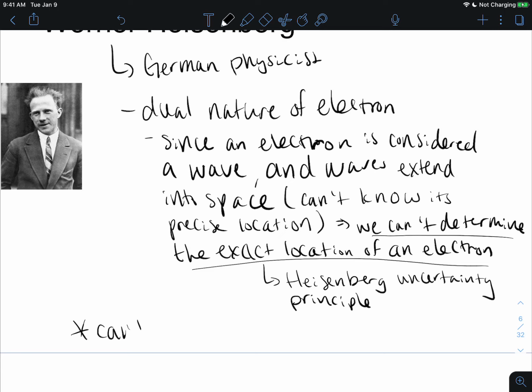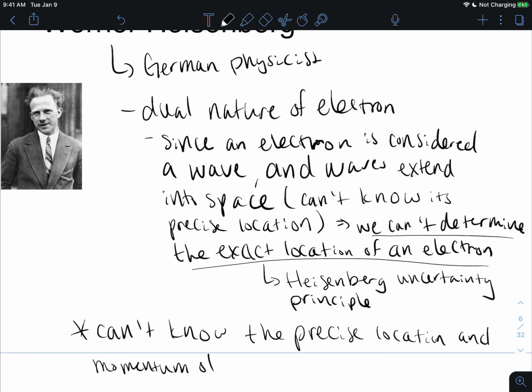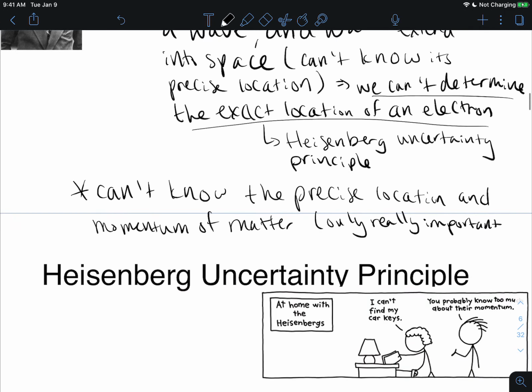So we can't know the precise location and momentum of matter, but again, only really important for very small objects, such as our subatomic particles.